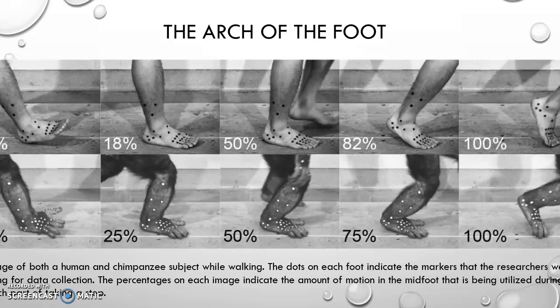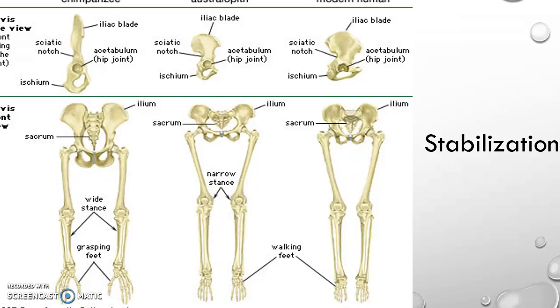So the walking and running on the ground is very harsh, and it actually is a lot of force for your body. This is a picture showing the ability for someone to walk compared to a chimpanzee trying to walk in a normal pace. The bones also have become stronger to endure the shock of running. The more the foot collides with the ground, the more stress on the bones.